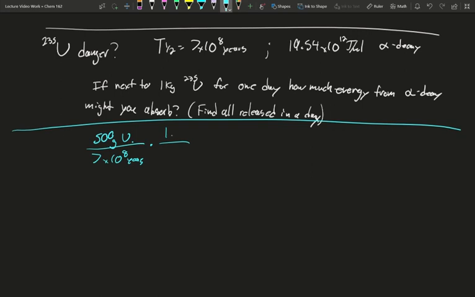We could say every 1 year is 365 days, and so we could calculate how much uranium breaks down in a day on average, which would be 1.95695 times 10 to the minus 9 grams per day. We can then say it's 235 grams in 1 mole, and 1 mole is 19.54 times 10 to the 12 joules. We calculate 162.7 joules per day.